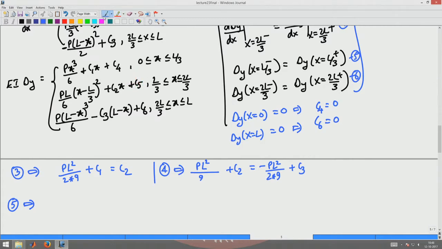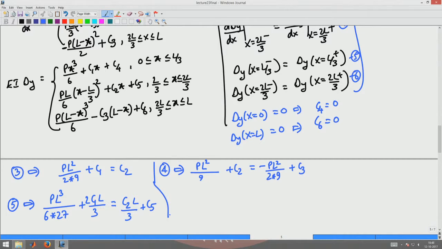So, that will be P L cube by 6 into 27 plus C1 into L by 3, C4 is 0, must be equal to, at L by 3 plus this is 0, so that will be C2 into L by 3 plus C5.